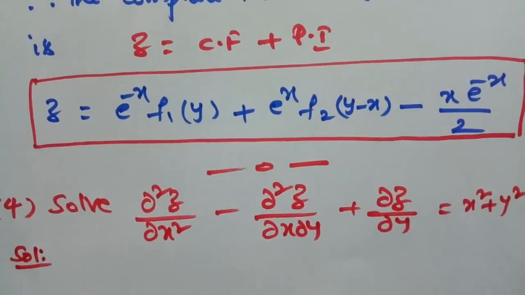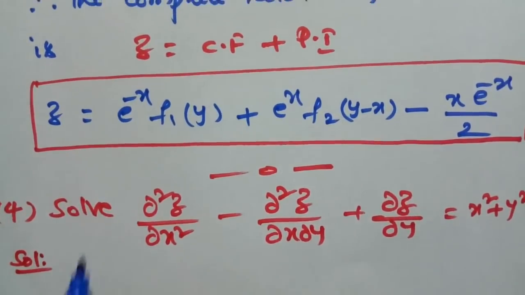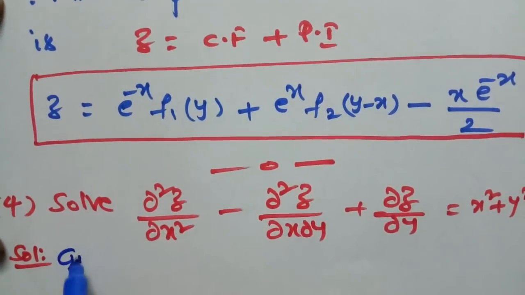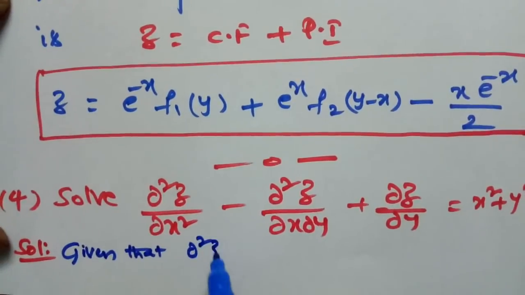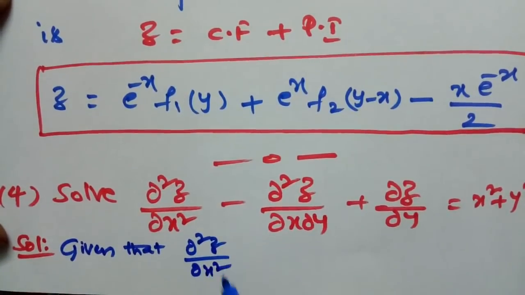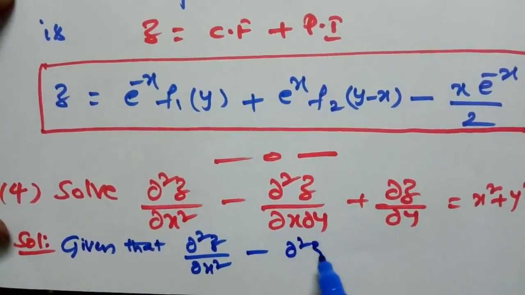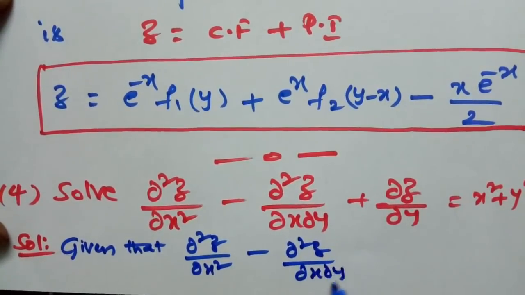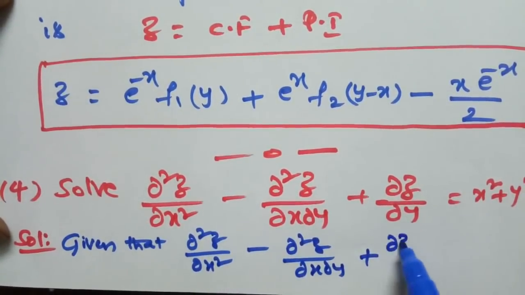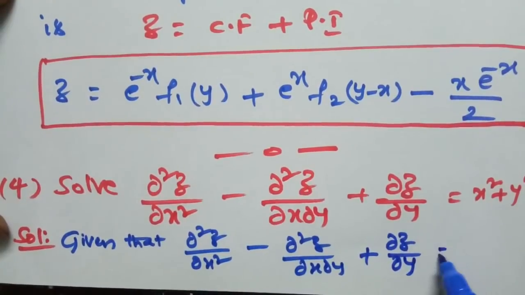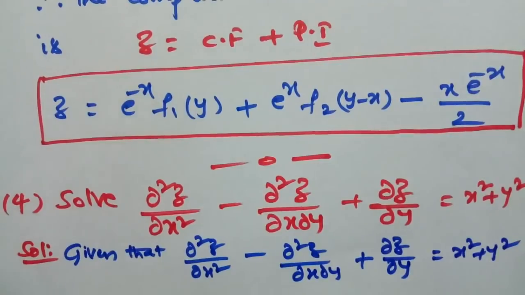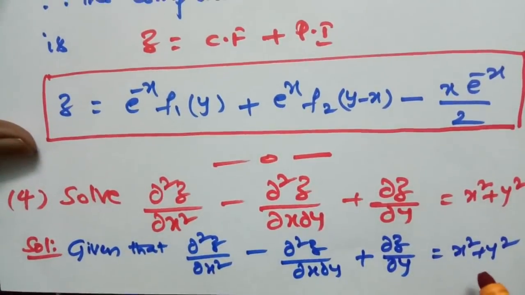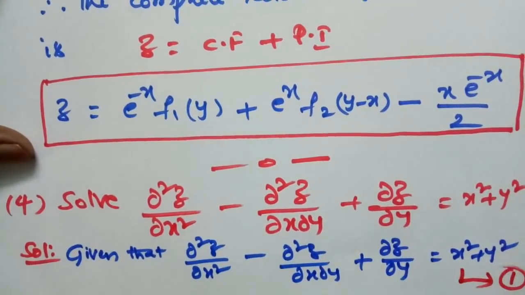Solution: given that del square z by del x square minus del square z by del x del y plus del z by del y is equal to x square plus y square. Say this is equation number 1.